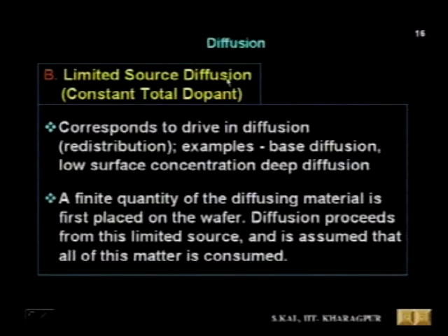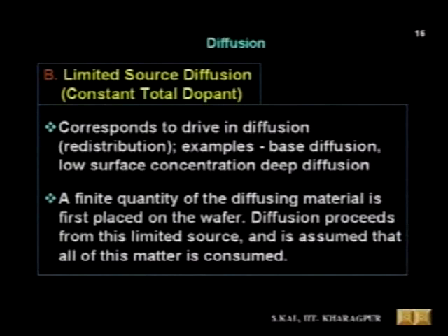In this particular case, the diffusion source from the surface is removed, and whatever dopant atoms existed on the surface of the silicon will be redistributed into the larger depth of the silicon. That's why it is known as limited source. The source is limited, it's constant.